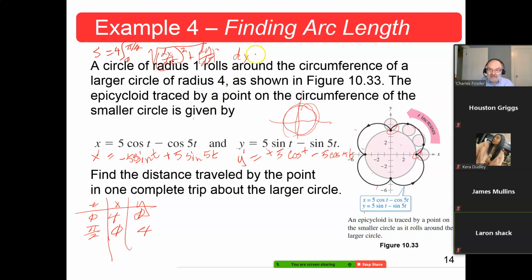So this is going to get a little messy, but I think we can do it. 4 times the integral from 0 to pi halves, and it's the square root of, the pen just disappears on me sometimes. We've got to square this x prime.